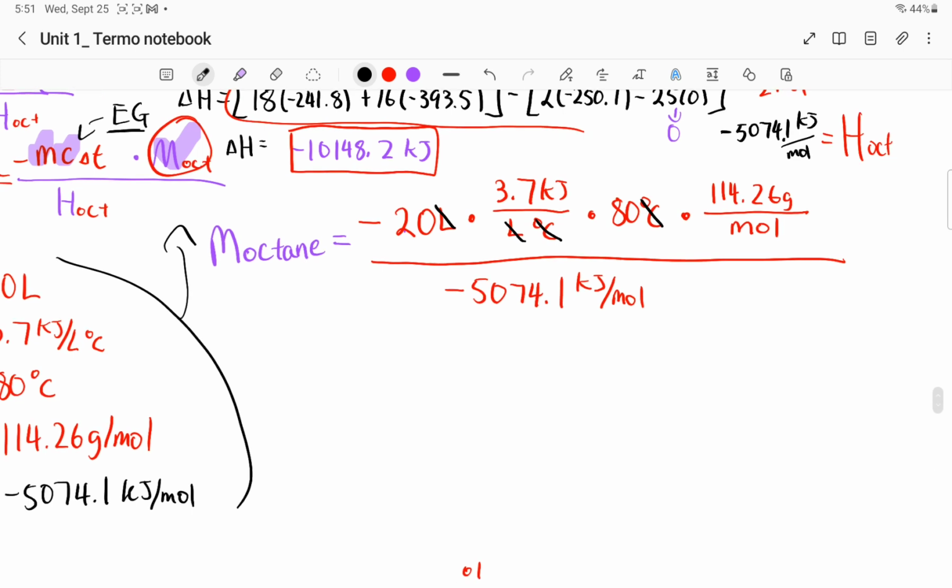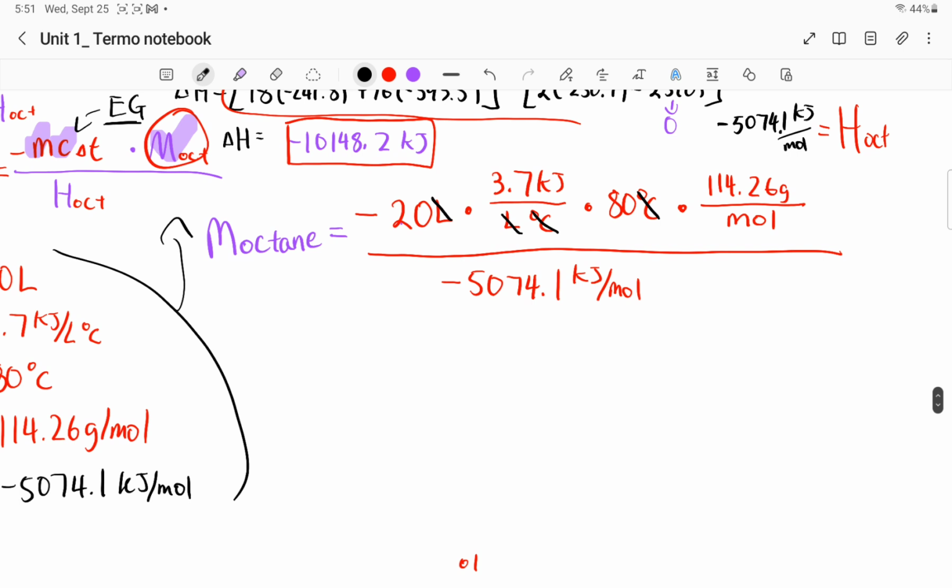So we'll leave it. All right, so up top, my numbers, if I multiply them together, I have negative 20 times 3.7 times 80 and times 114.26, which ends up giving me a big number.